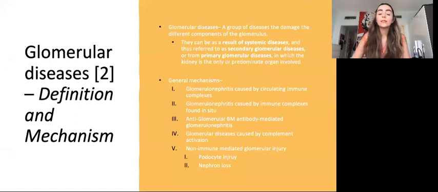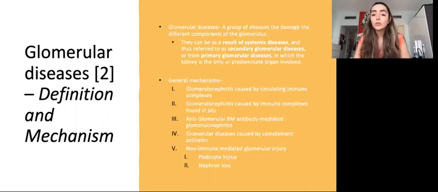Now, for the diseases, we first define glomerular diseases. These are defined as a group of diseases that damage the different components of the glomerulus, very self-explanatory. They can be a result of a systemic disease, and then they're referred to as secondary glomerular diseases, or they can be primary, in which the kidney is the only predominant organ involved.